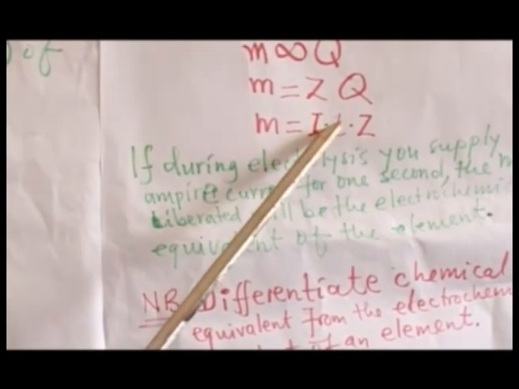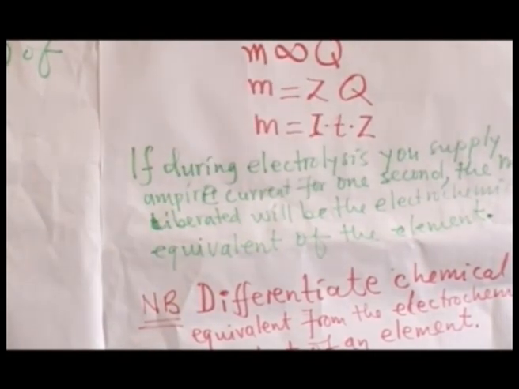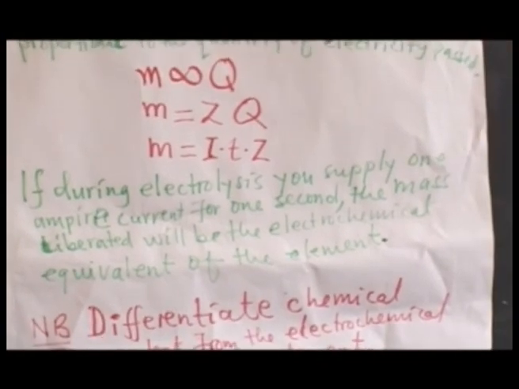I means current and T means time in seconds. This is another formula statement of Faraday's first law.